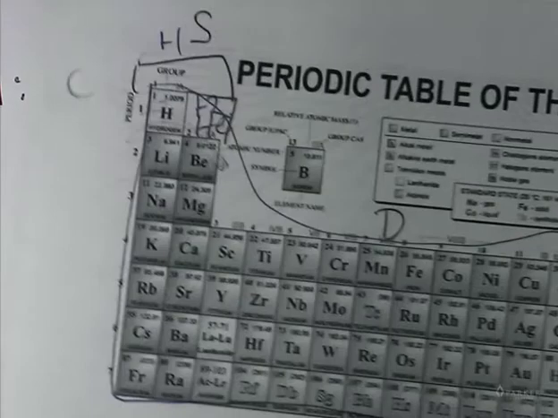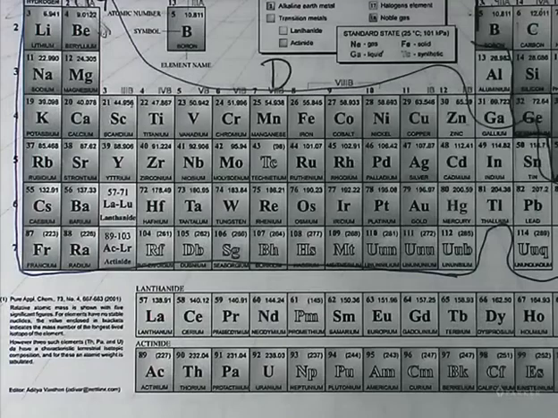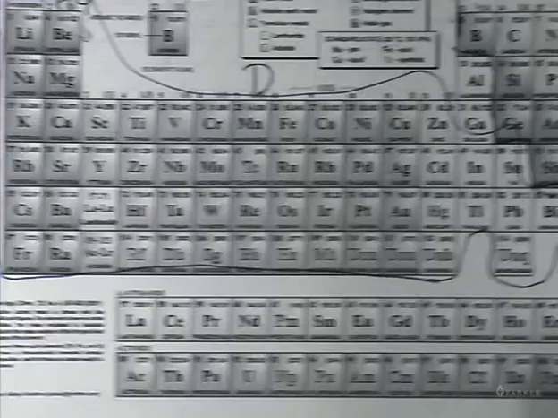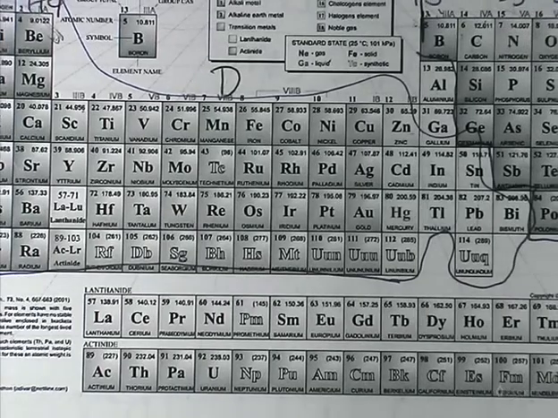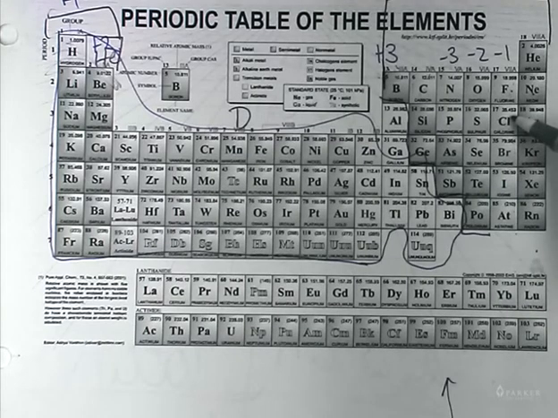So let me pull my periodic table out. Okay, so you can't see it. Chlorine is right here.